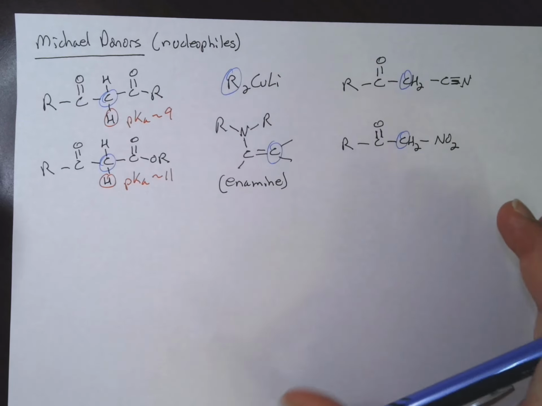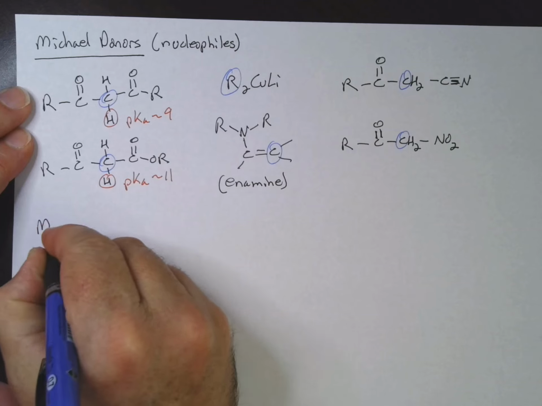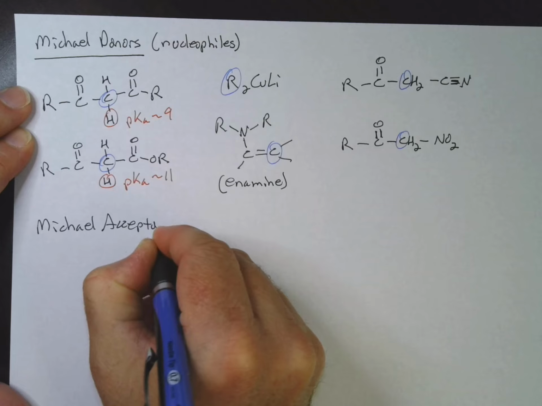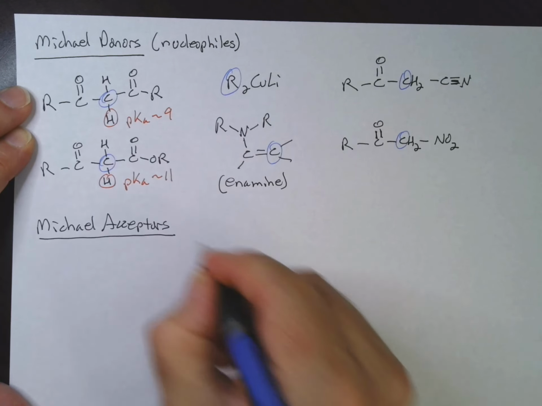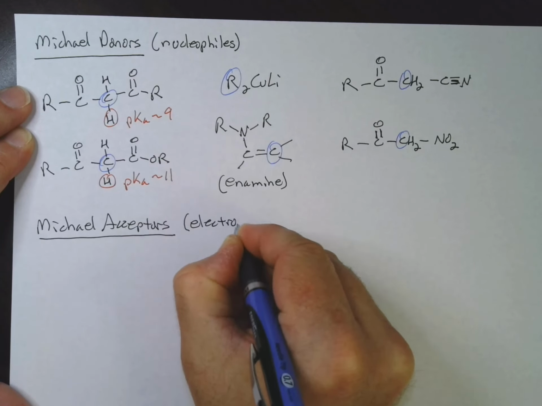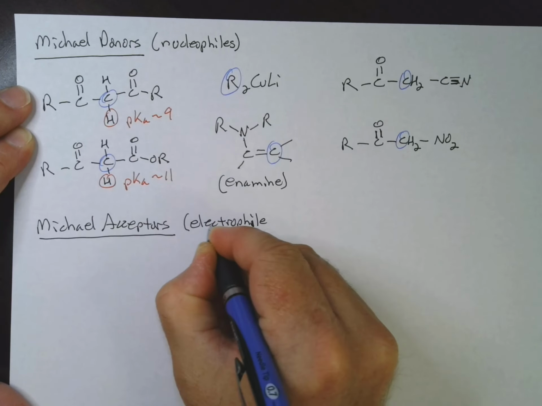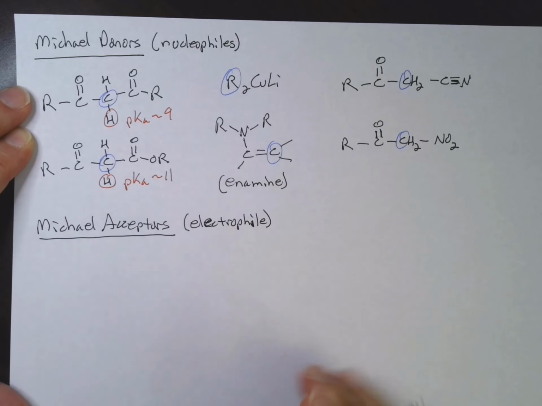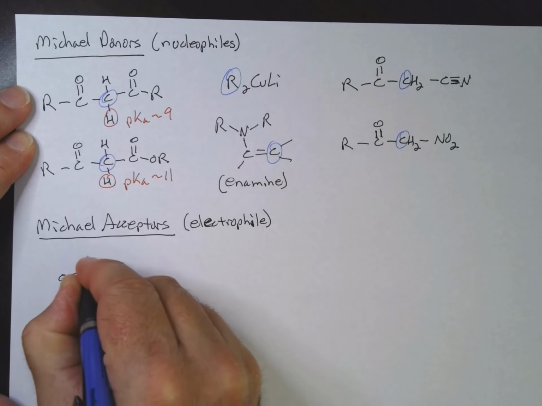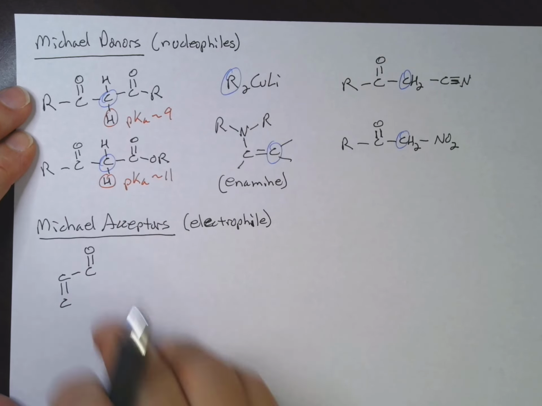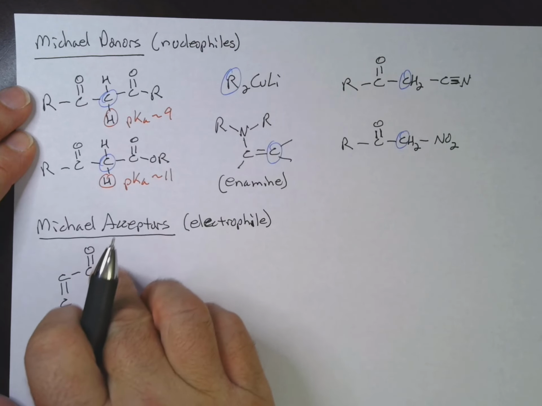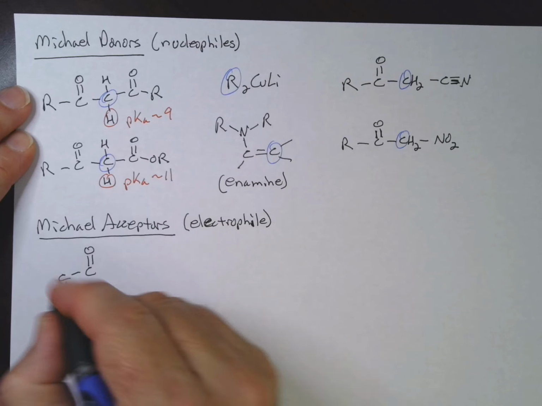Now, the other part is the Michael acceptor. And these are the electrophiles. All of them will feature some kind of conjugated system, okay, conjugated alkene with some other kind of double bond.